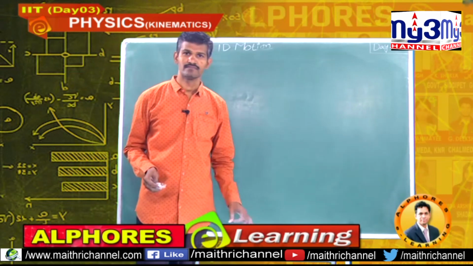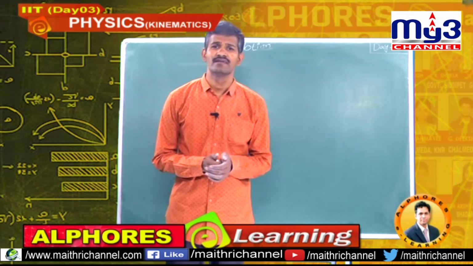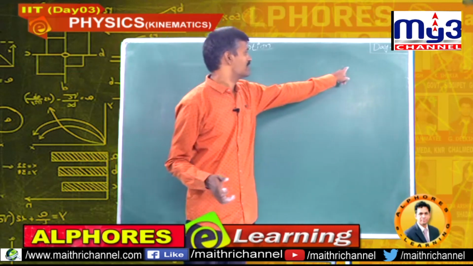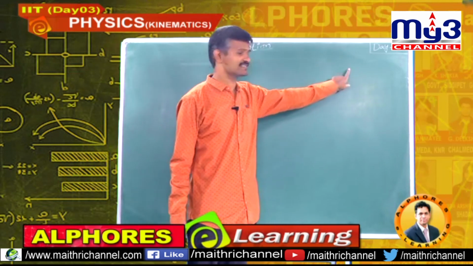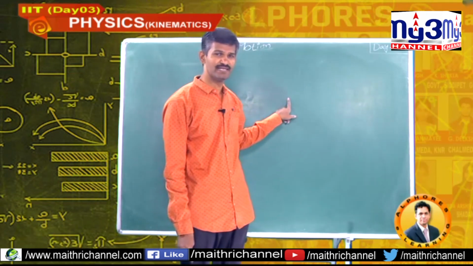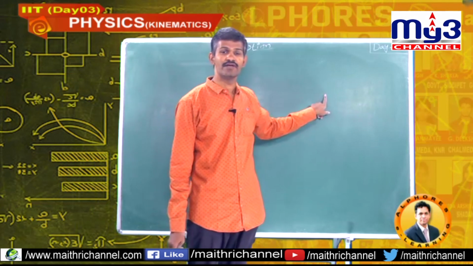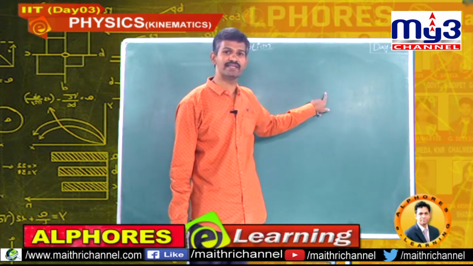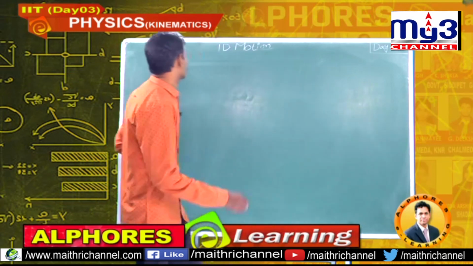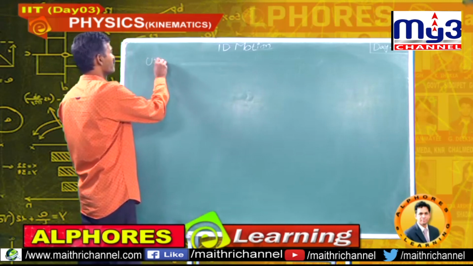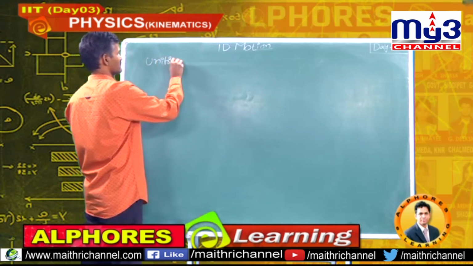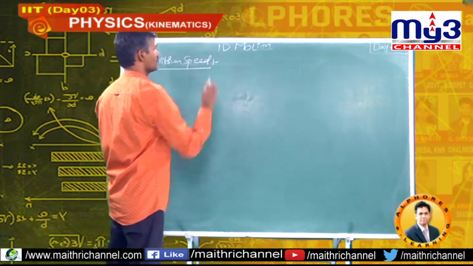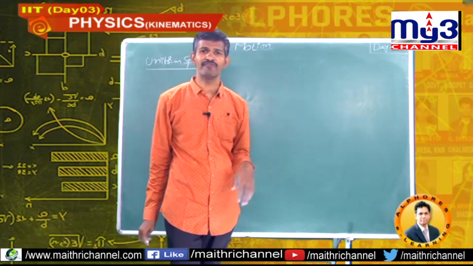Okay? Next, students, we are discussing speed. The first category of speed is average speed. The second category is uniform speed. What is the basic definition of uniform speed?